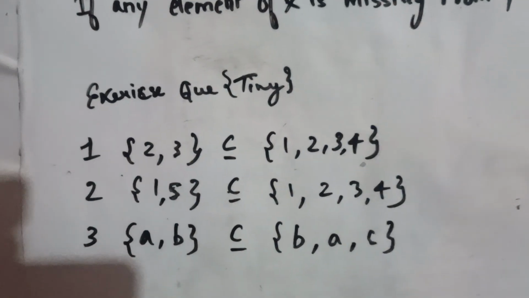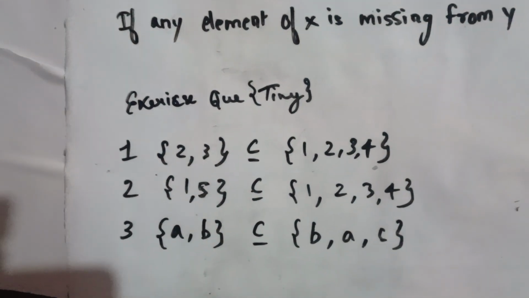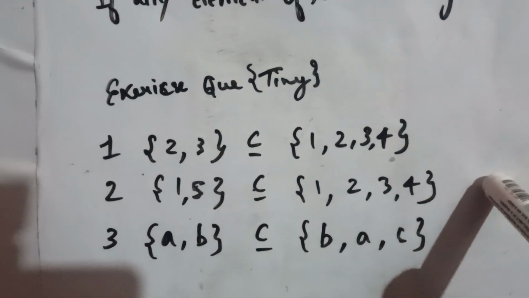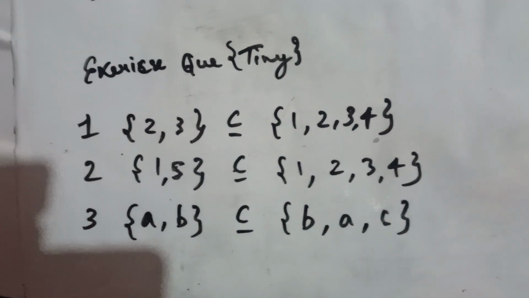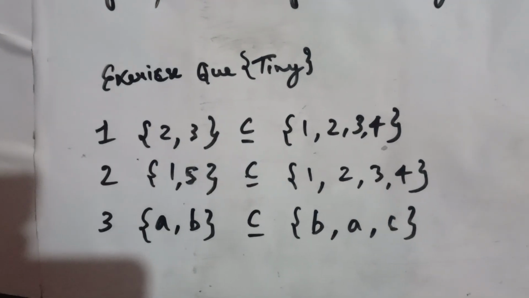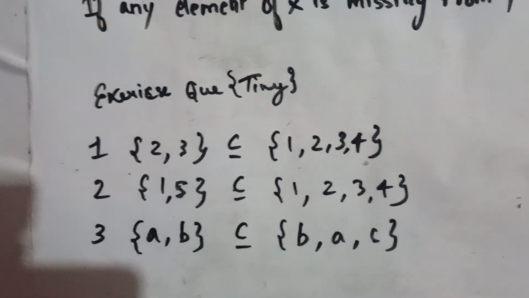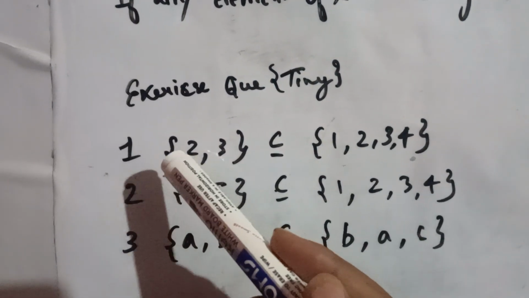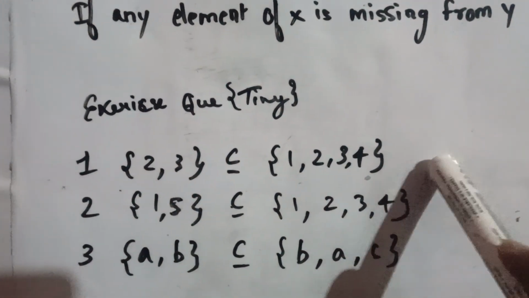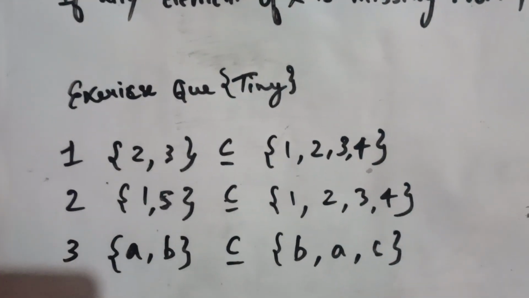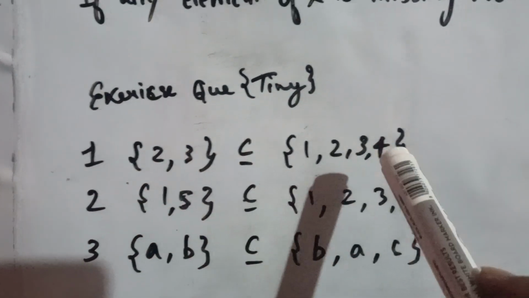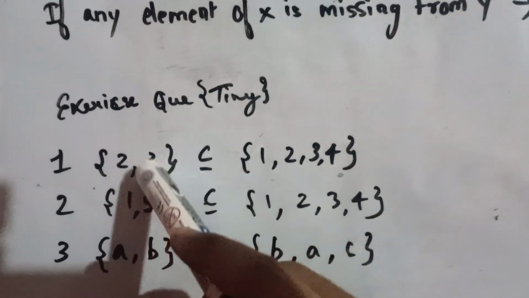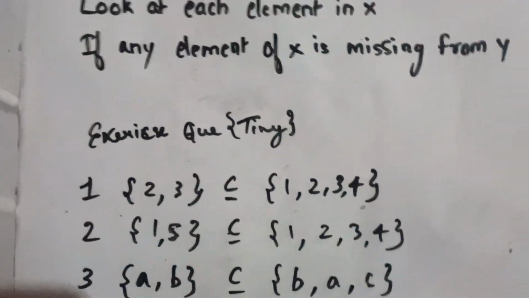This is a tiny exercise where you have to just answer if this is a subset or not. So just go for yourself. 3, 2, 1. Okay, so this subset, which is 2, 3, is this a subset? It has 2 and 3 and this set has 2, 3, so this is actually a subset.